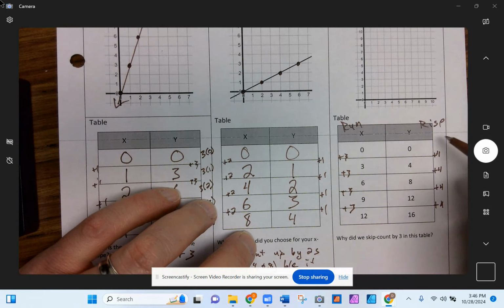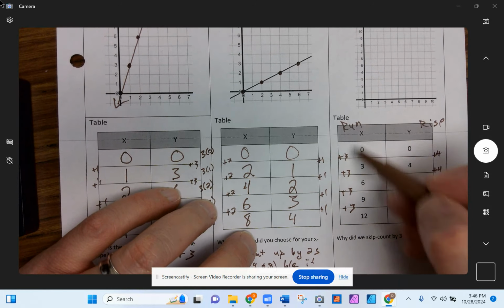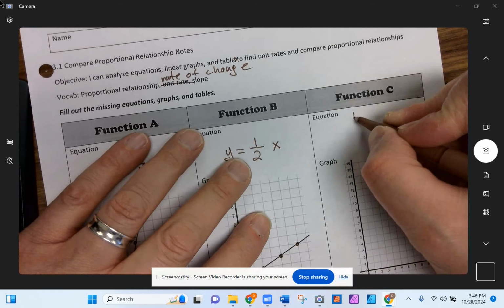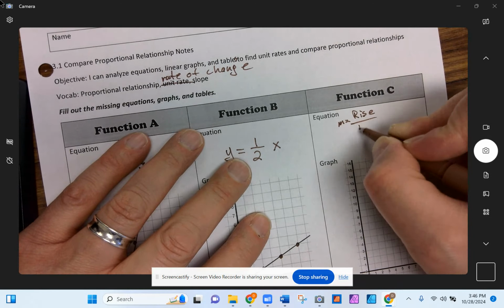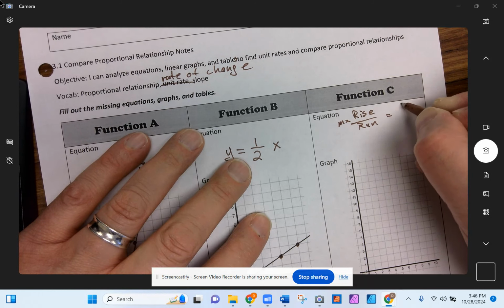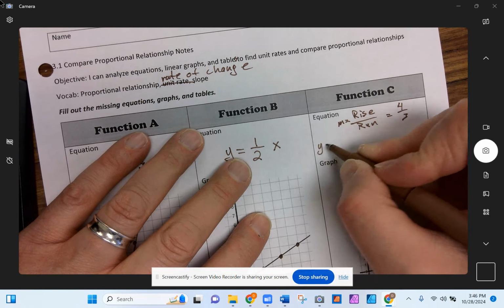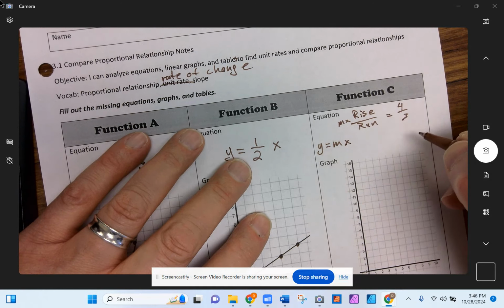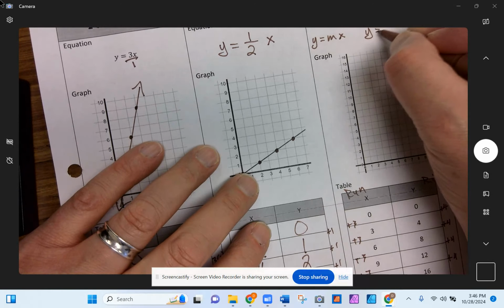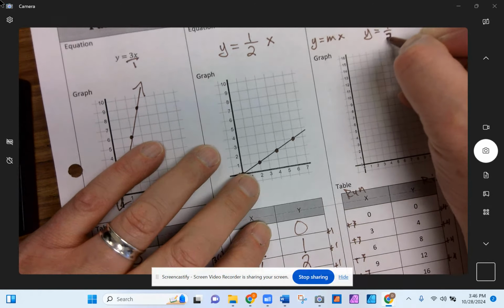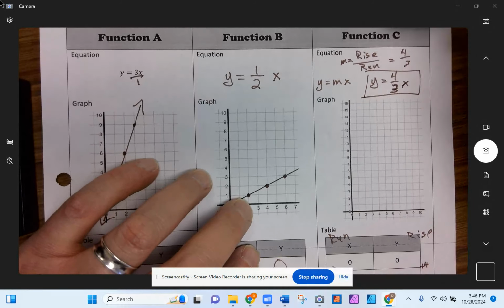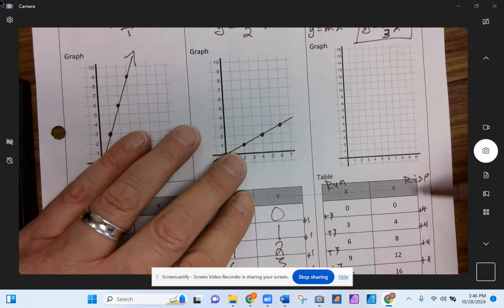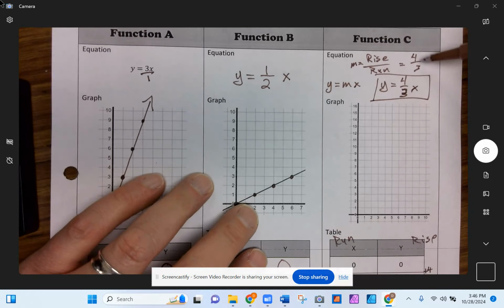Okay, so we have a rise of 4 and a run of 3. So our slope is rise over run, which is 4 over 3. And remember, our equation is y equals mx, right? So this is going to be y equals 4 thirds x right there. So rise over run, the rise is 4, the run is 3, so that's where that 4 thirds comes from.